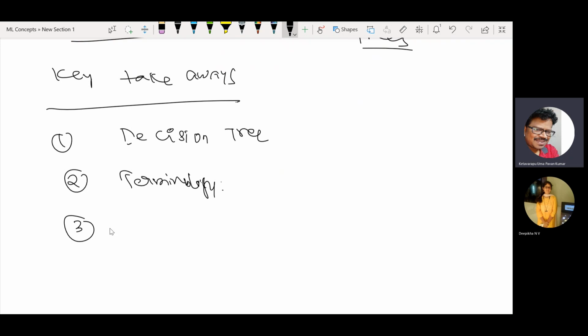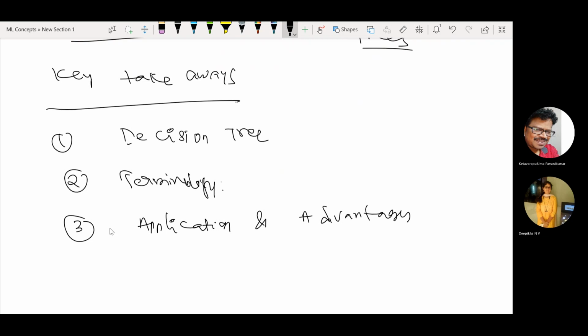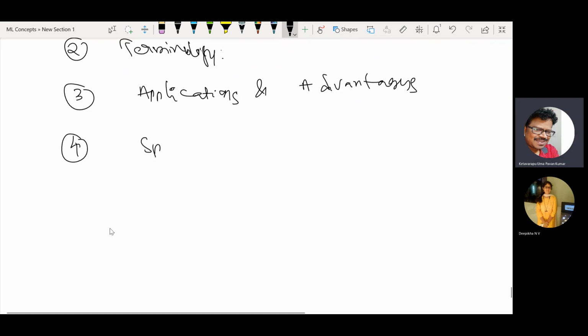And then we have seen some applications and advantages related to the corresponding trees, and most importantly, the split of the nodes.